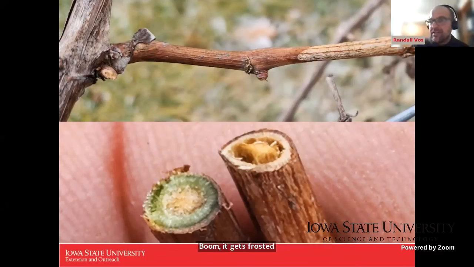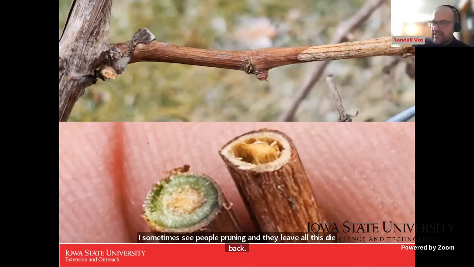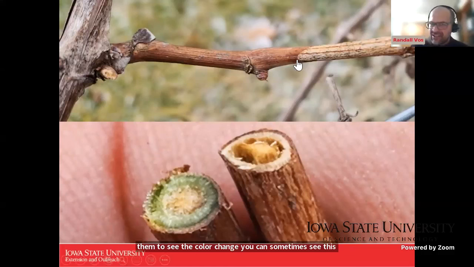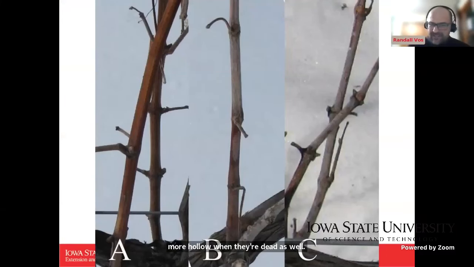And so I sometimes see people pruning and they leave all this dieback and those canes aren't alive. And you can cut through them to see the color change. You can sometimes see this change looking from the exterior. And actually, sometimes if you hit them with your pruners, they sound more hollow when they're dead as well. So dieback is not good. So if you look at this picture, on item A, that cane is fully hardened off. Every part of those tissues is alive.